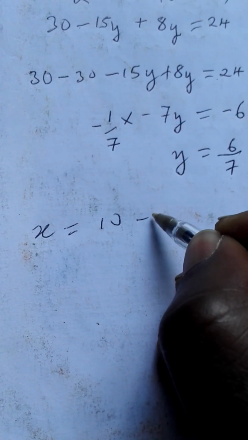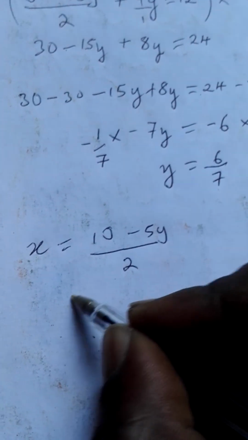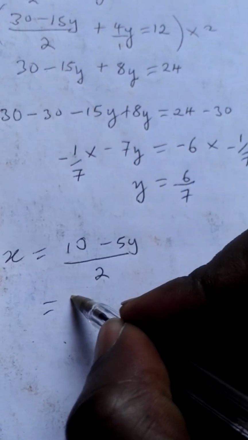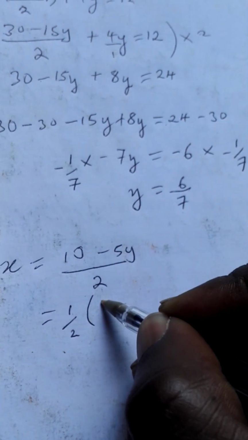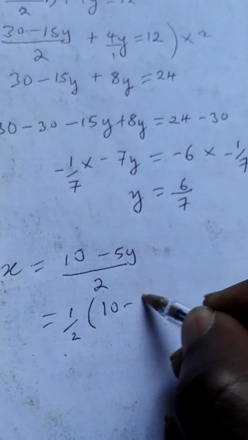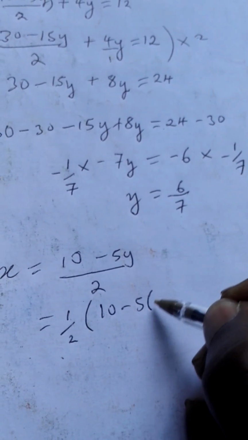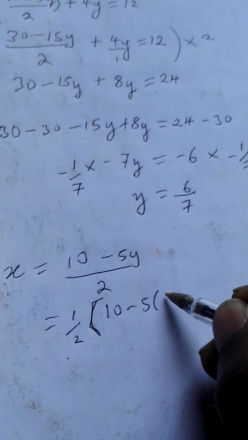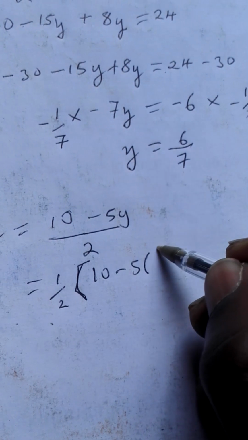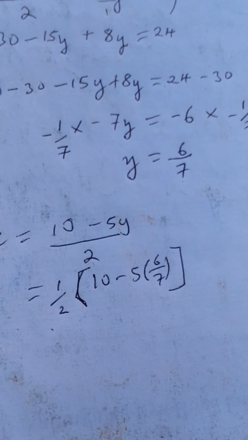So we can also say half open brackets 10 minus 5, and then where there is y we substitute, in square brackets, the value of y divided by 7.